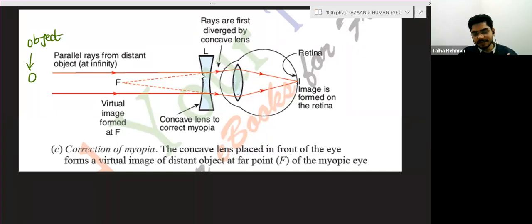So this concave lens, what will it do? This concave lens will produce a virtual image of this object at the far point of the myopic eye. Now this is the virtual image formed at F by the lens.